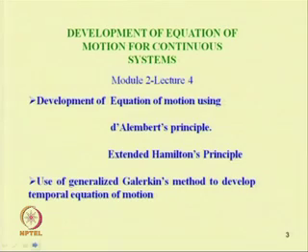So, today we will derive the equation of motion for the continuous system, and this derivation will be carried out using some examples, where D'Alembert's principle and the extended Hamilton's principle will be used.